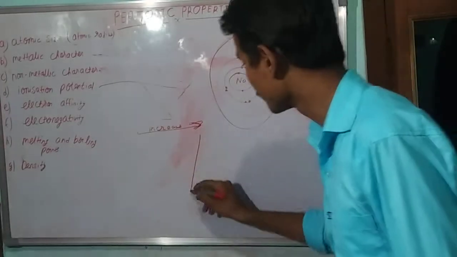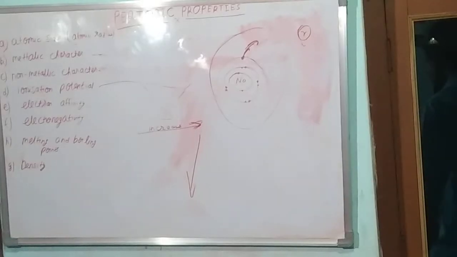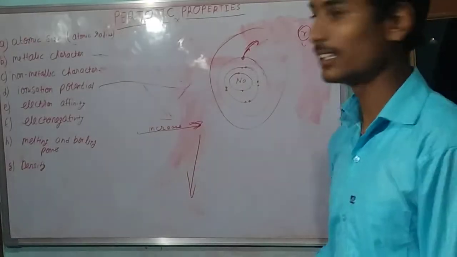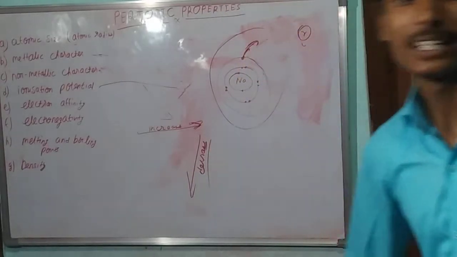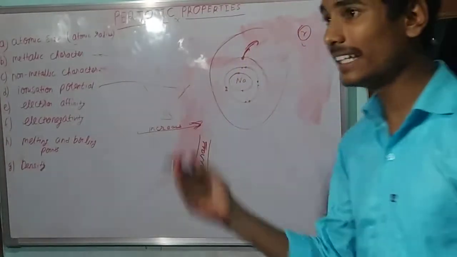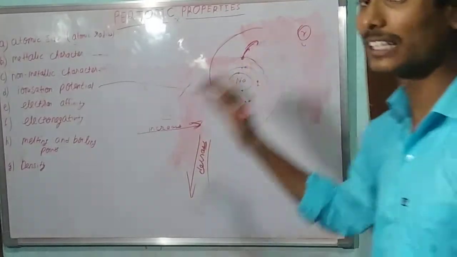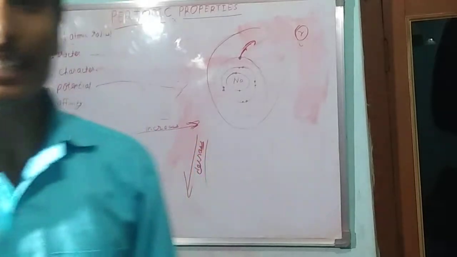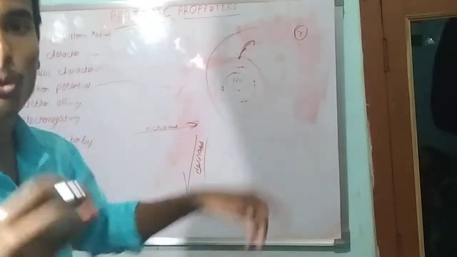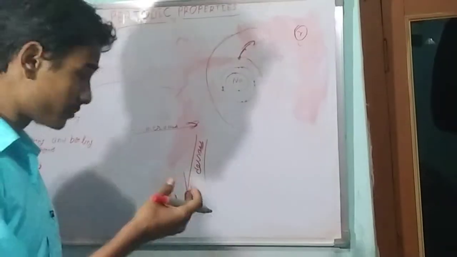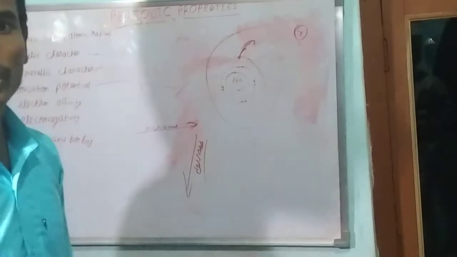And what about down a group? Down a group, ionization potential decreases. Why does it decrease? Because the number of shells increases. So the distance between the nucleus and the outermost shell is greater, and the nuclear force cannot exert much force on the outermost shell. So by giving only less energy we can remove the electron.